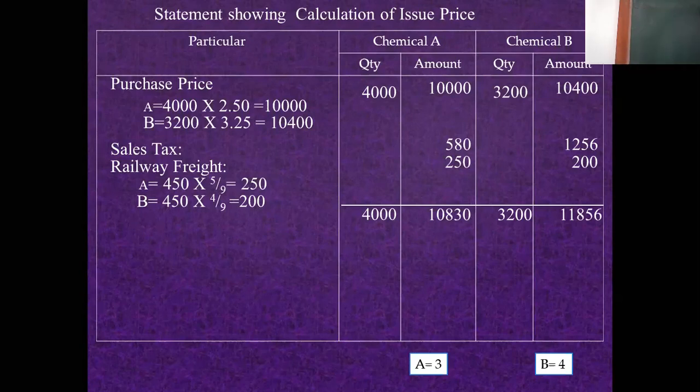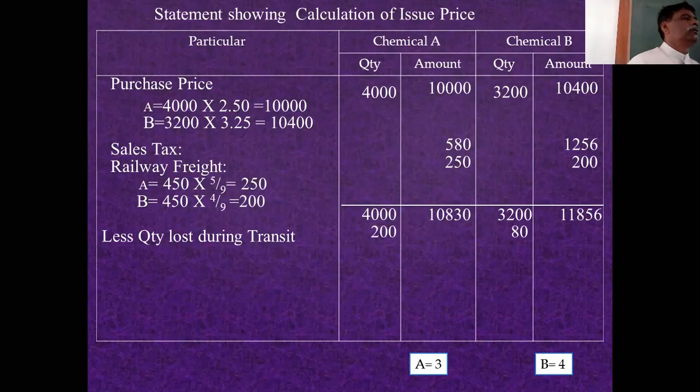Then out of this, first you deduct the quantity lost due to breakage during transit. First quantity 200, second quantity 80 lost. Okay, you deduct this. Balance of first quantity is 3,800, and second quantity is 3,120.